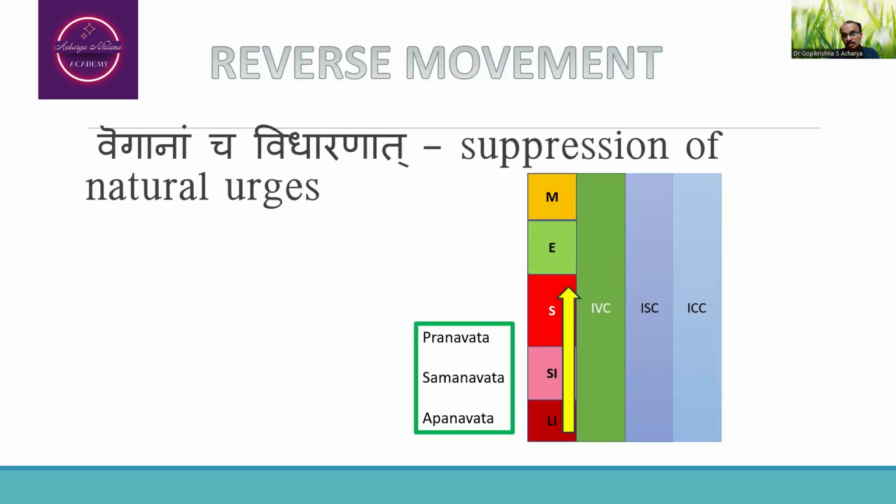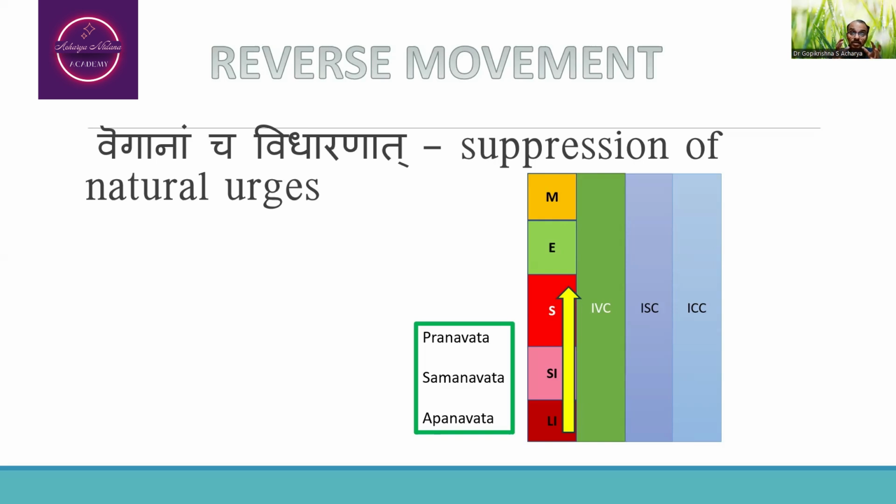Veganam cha vidharana, that means suppression of natural urges. Let us take the example of suppression of defecation. In this case the fecal matter present in the rectum is not coming to the exterior.